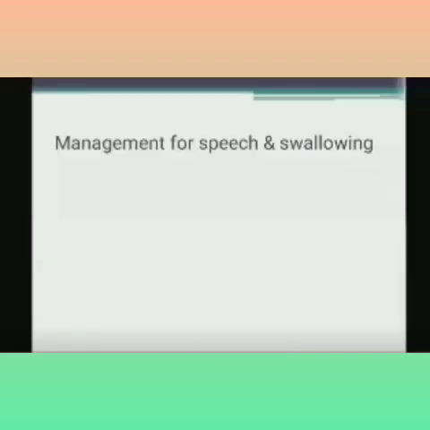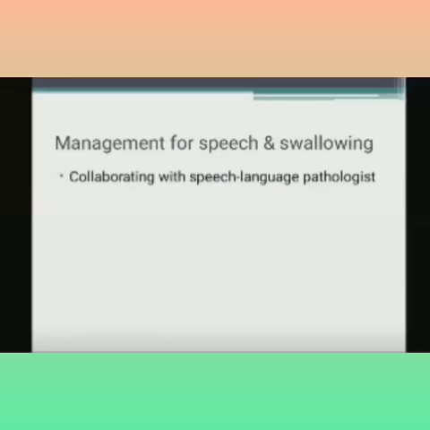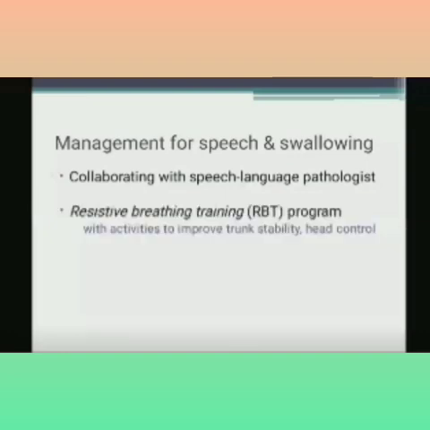Then management of speech and swallowing. Basically it's the work of the speech pathologist, but obviously you have to work collaboratively with them. You can teach the patient how to maintain the breathing process during talking or during the swallowing process.